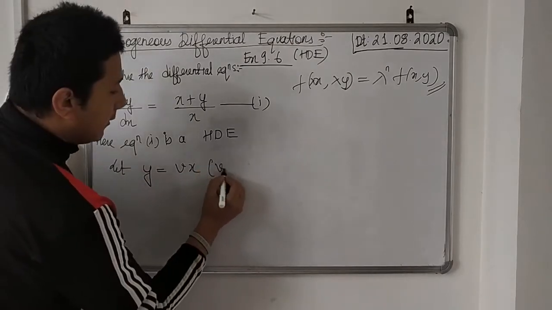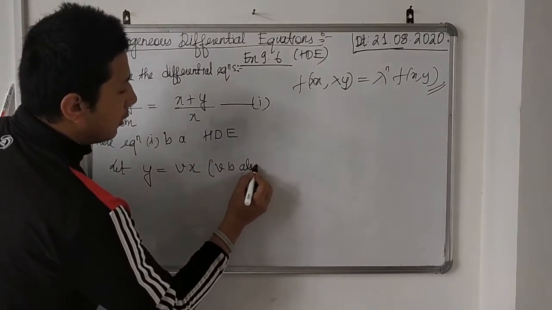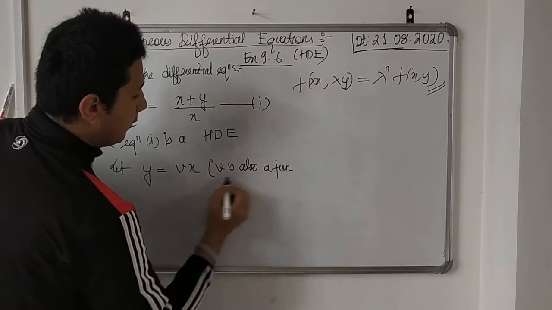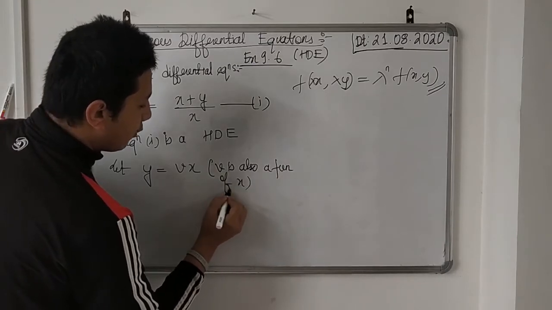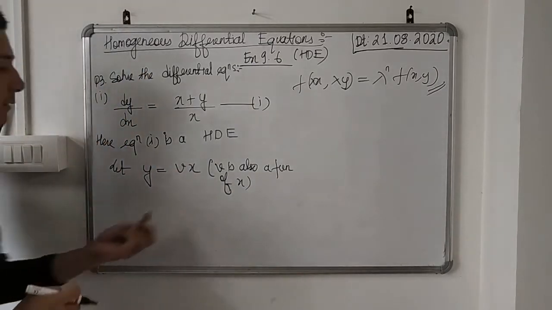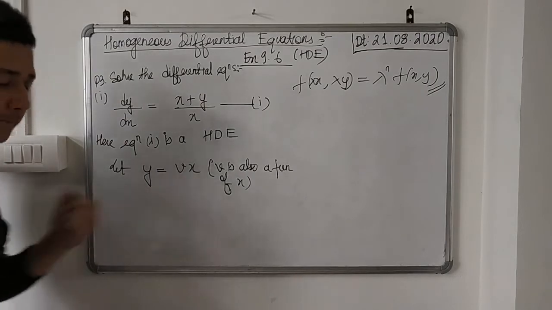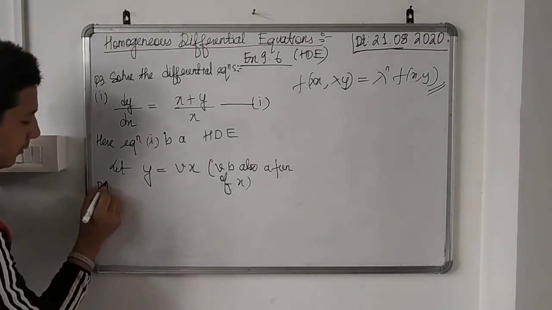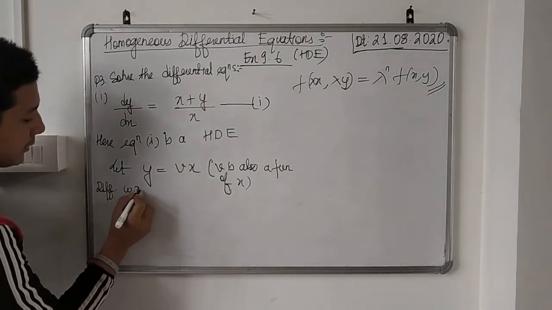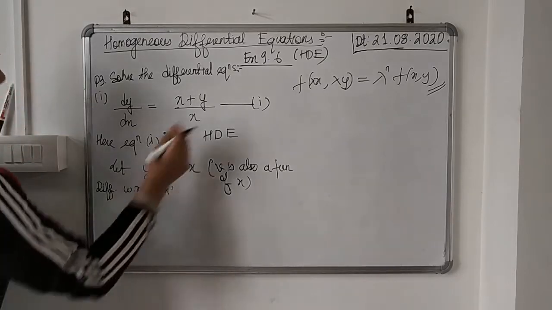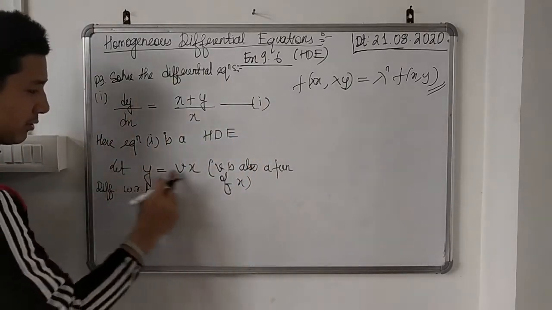So when I take the differentiation now, we have to use the u into v rule, differentiating with respect to x. So this was step number 1. Step number 2 is to make the assumption.